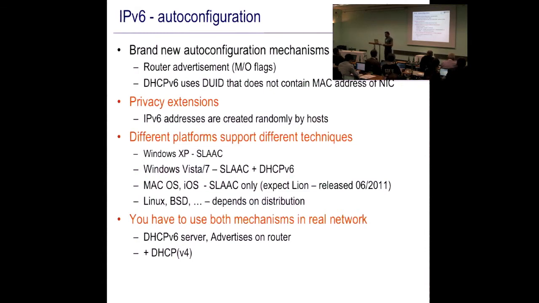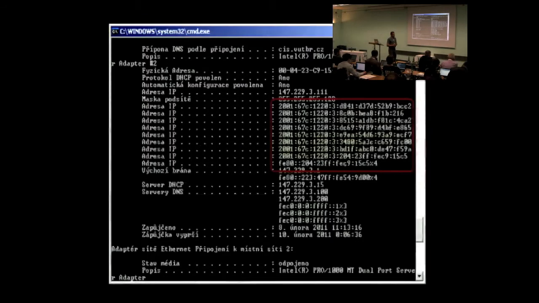IPv6 brings a new auto-configuration mechanism for local networks that's known as privacy extension. That means that the computer creates its own address every time you connect to the network, and this address is periodically changed.